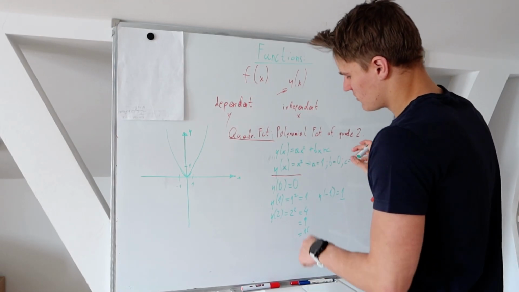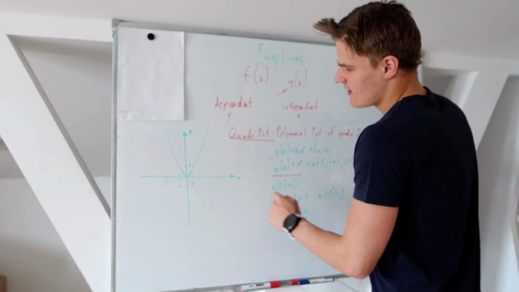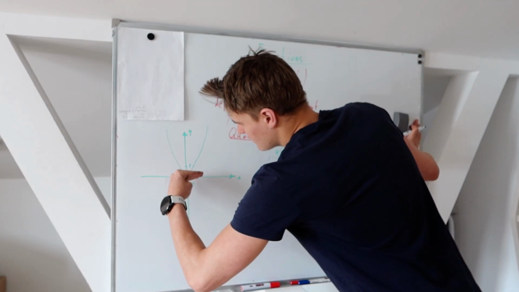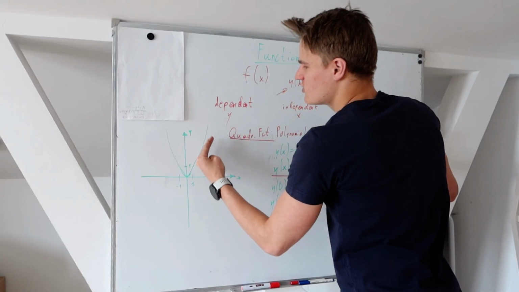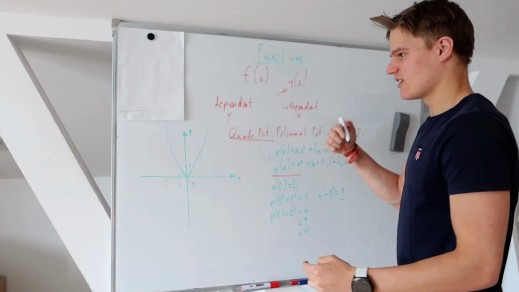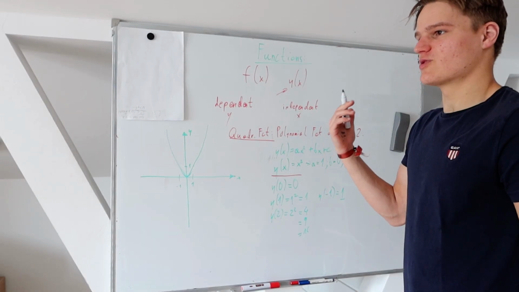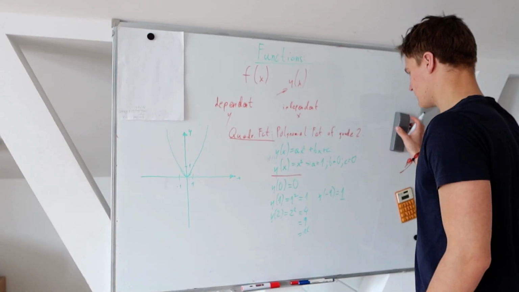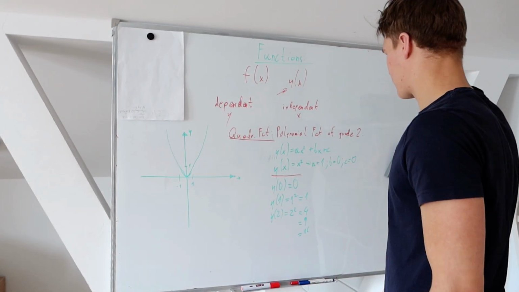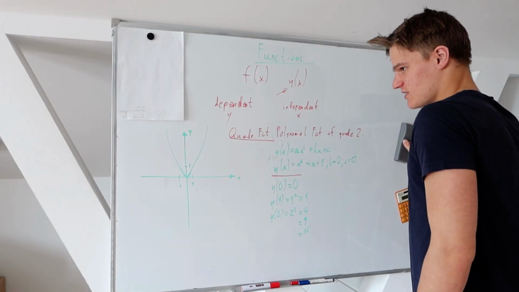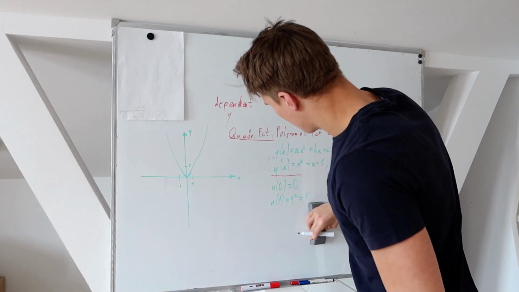Anyways, what is important to know is that this square actually means that the rate of change is getting higher and higher and higher, instead of linear functions, where it was the same all the time. All right. Good.